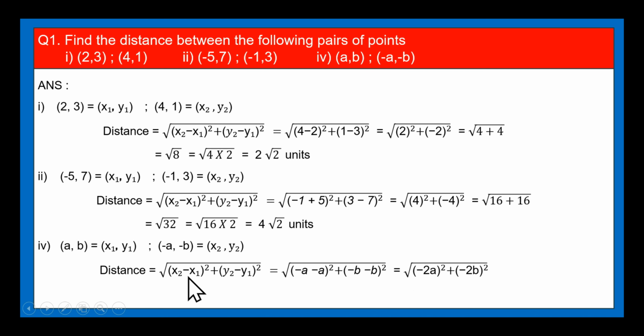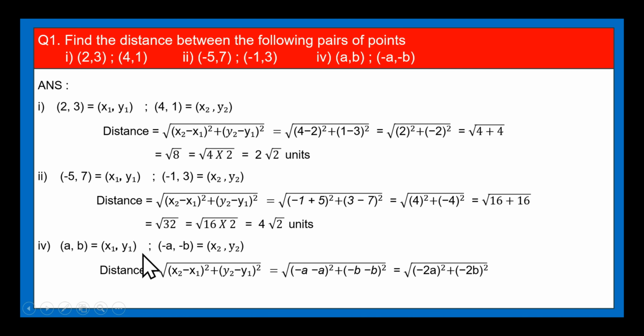Now the distance formula is again the same formula you can apply, and x2 minus x1 whole square. x2 is minus a and x1 is plus a. Ready? 1, 2, 3. x2 is minus a and x1 is plus a. Let us substitute x2 minus x1, which means minus a minus a whole square plus y2 minus y1.